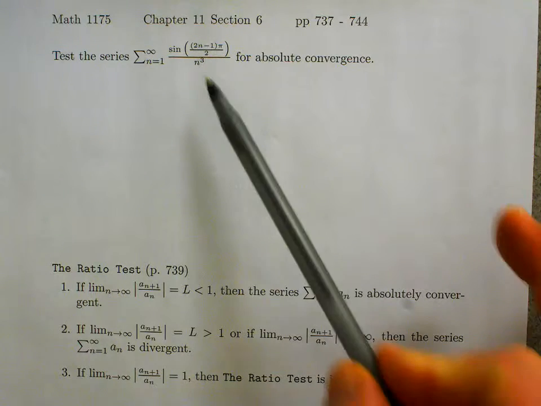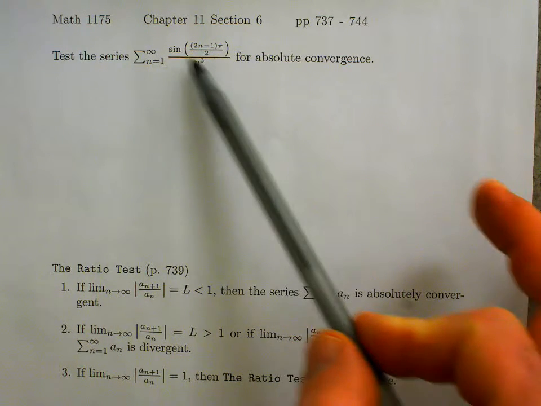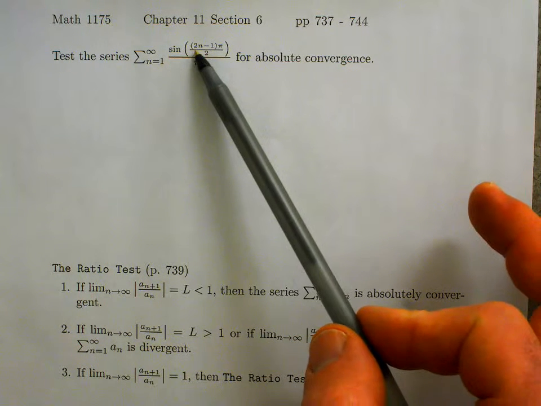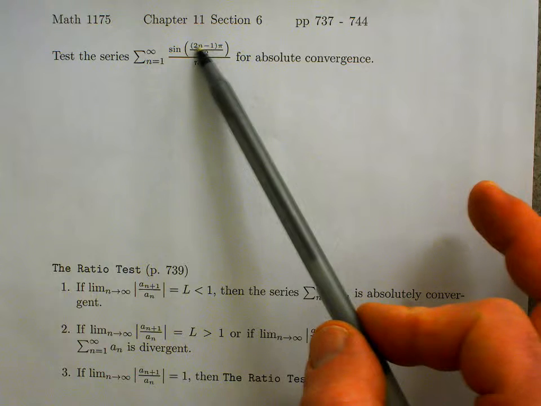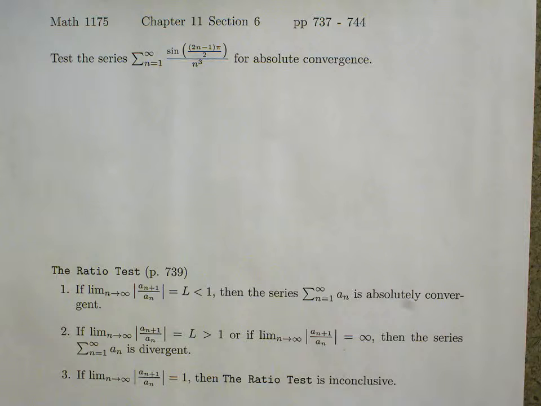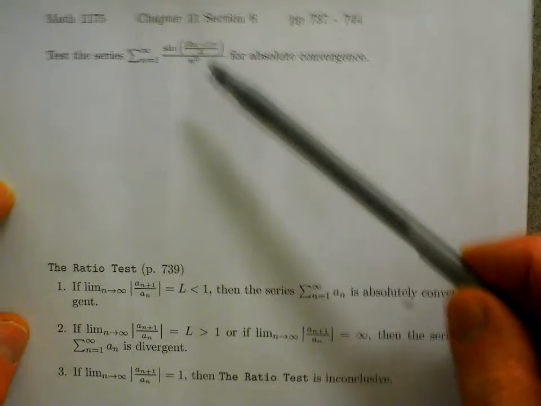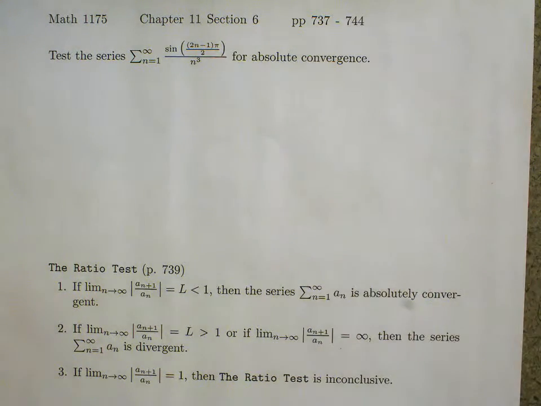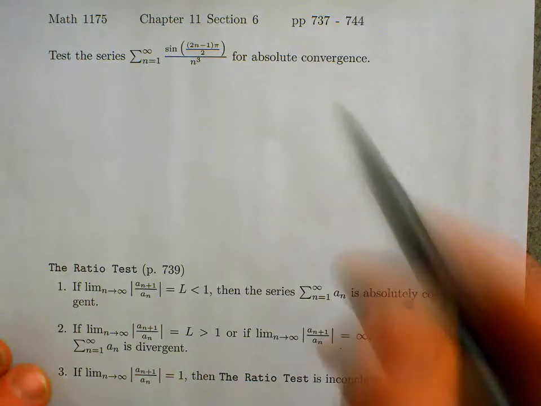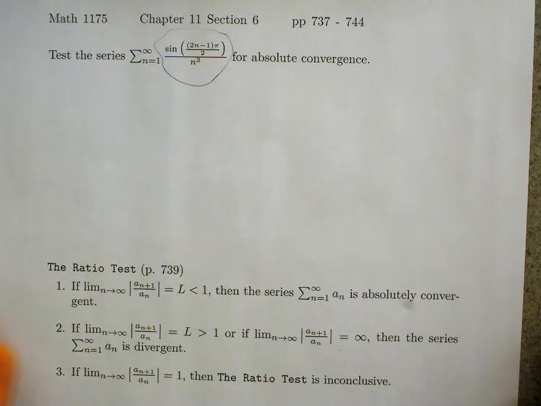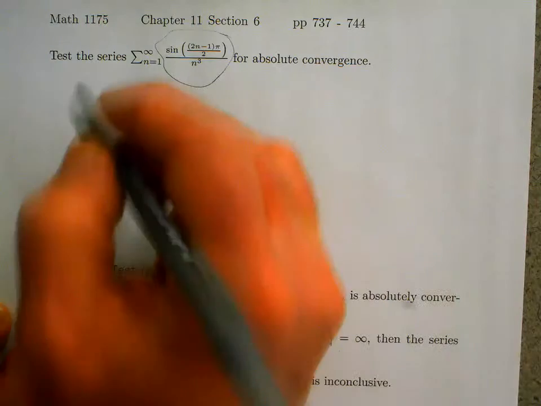When you start investigating the sign of those terms, when n is 1, we have 2 times 1 minus 1 is 1 times pi divided by 2. Sine of pi over 2 is 1. When n is 2, 2 times 2 is 4, 4 minus 1 is 3, 3 pi over 2 is negative 1. So this is another one of those alternating series that can be written in a simpler form. So why don't we do that?